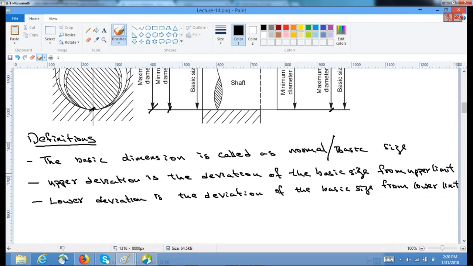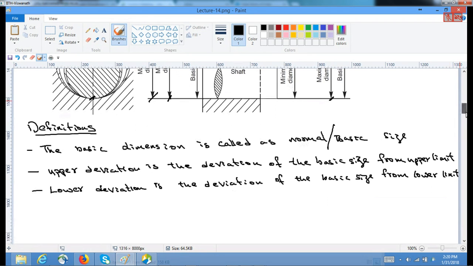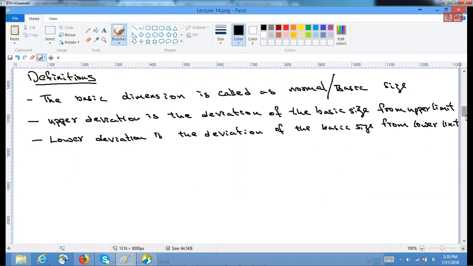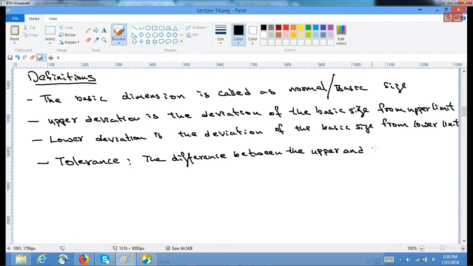So the lower limit would be the minimum diameter, and the upper limit would be the maximum diameter in this case. The tolerance is again defined as the difference between the upper and lower limits.